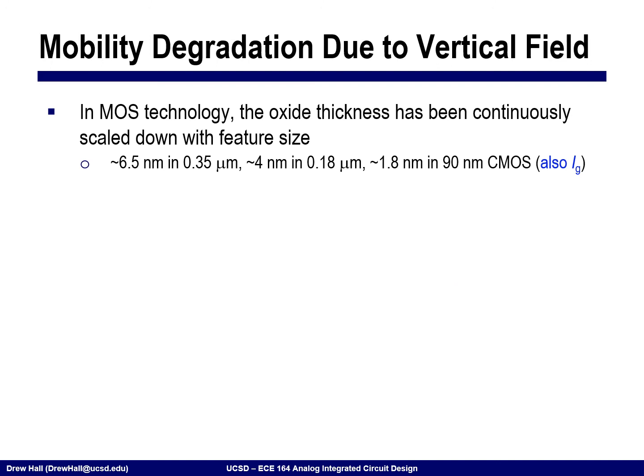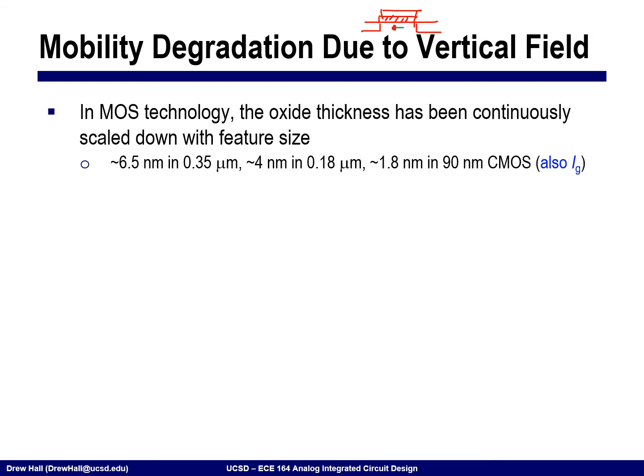All right, so moving on to the mobility degradation, recall back that if we think about a transistor, and we have carriers in the channel, it's not just the horizontal electric field that's acting on these carriers.